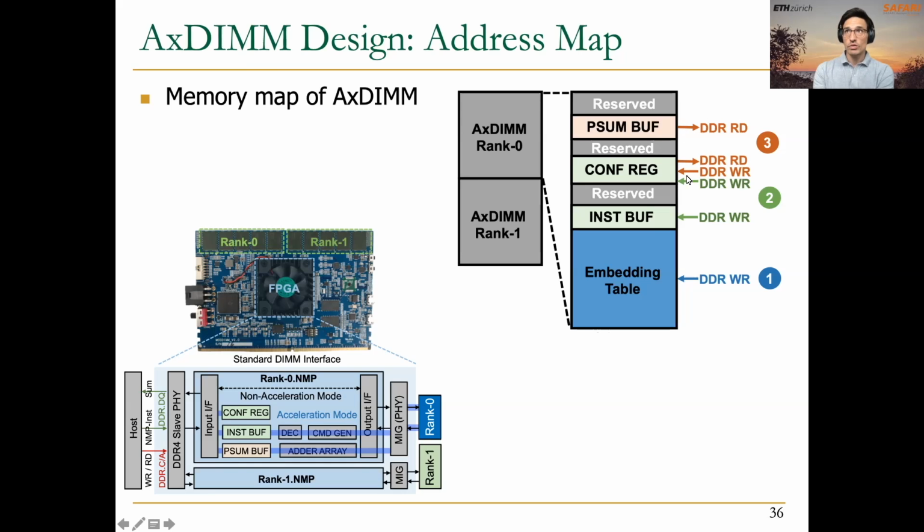The configuration registers can be read or written by the host processor, depending on the register and its functionality. We are going to see some of them in the next slides. And then the instruction buffer, where the host processor writes the instructions, same as it has to write the embedding tables in the memory ranks.